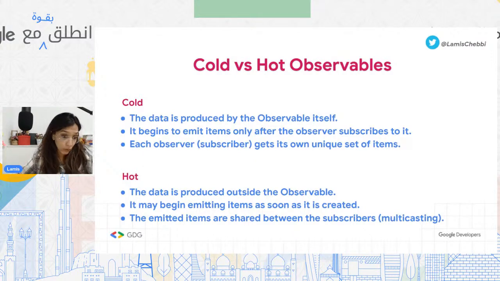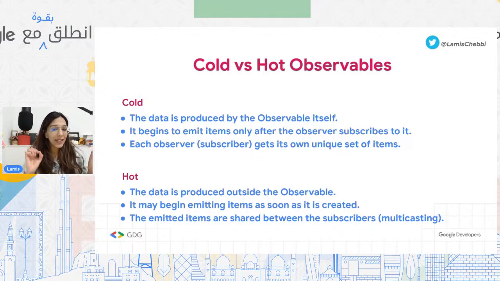With the hot, you may begin emitting items as soon as it's created. And the last criterion is that in the cold, each observer or subscriber gets its own unique set of items. For the hot, the emitted items are shared between the subscribers. This is what we call multicasting, and we will understand later today what multicasting is all about.